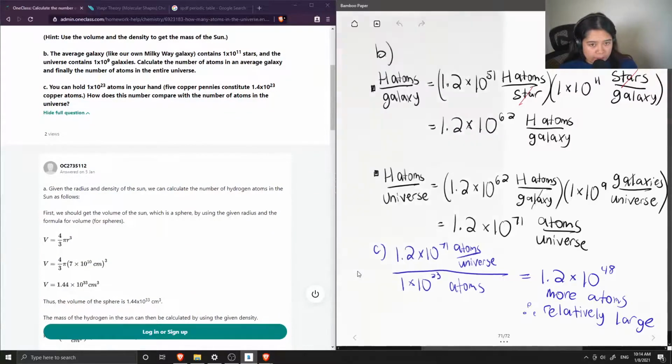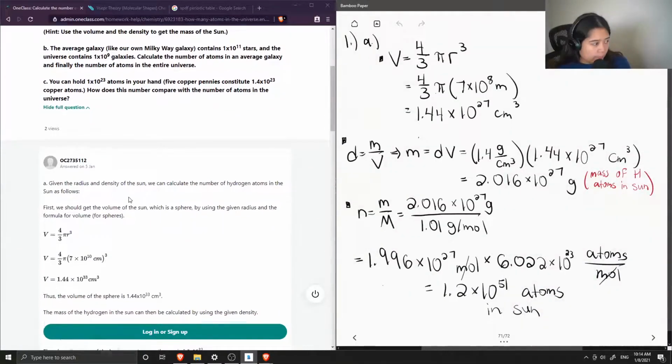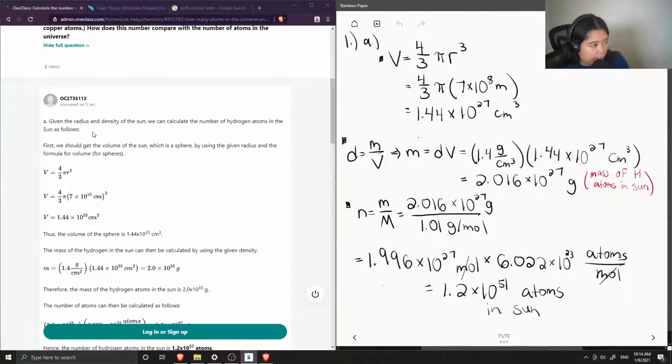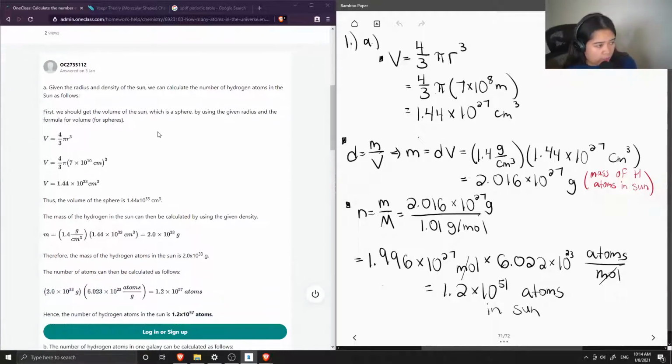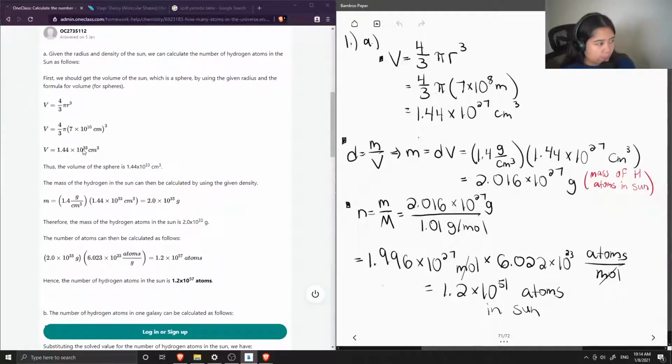Let's compare our answer with the junior tutors. For part A, given the radius and density of the sun, we can calculate the number of hydrogen atoms in the sun as follows. First, we should get the volume of the sun, which is a sphere, by using the given radius and the formula for volume. So they got... Okay, I think they accidentally put the radius as 7 times 10 to the 10 instead of 10 to the 8.